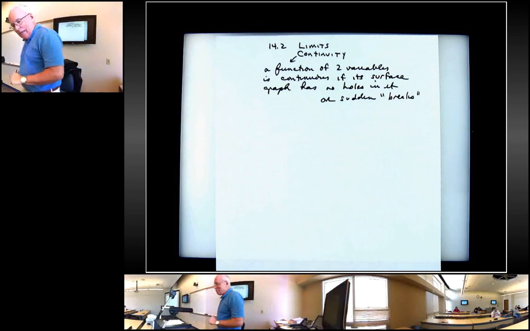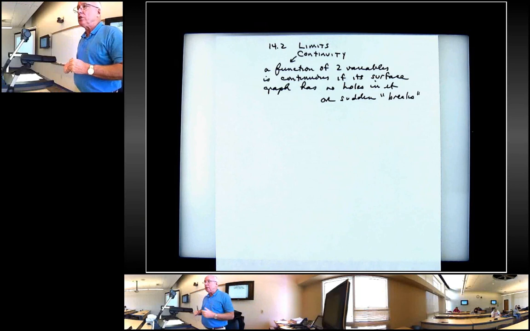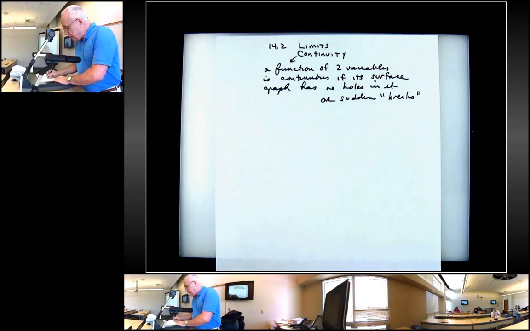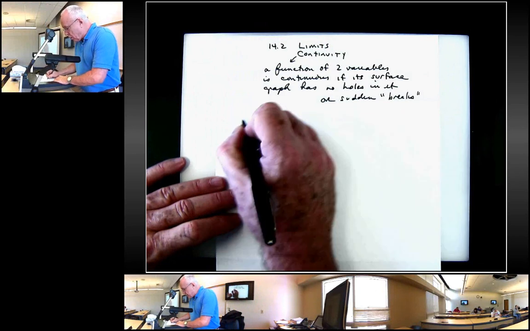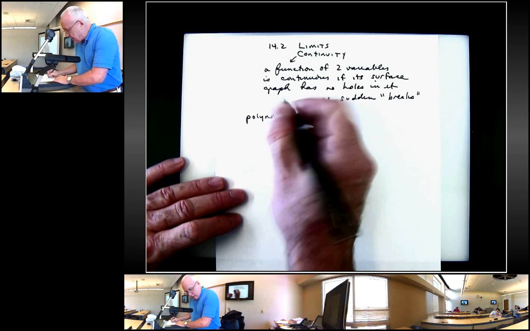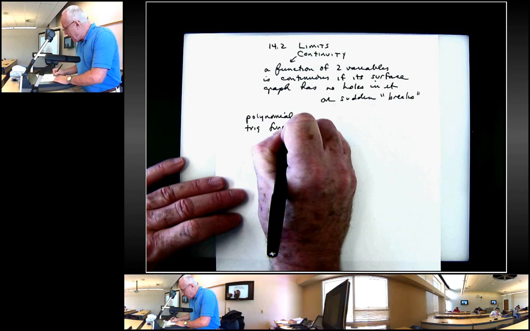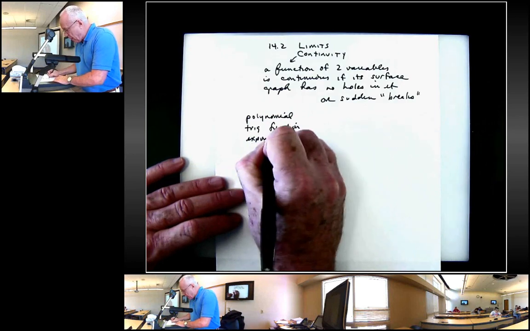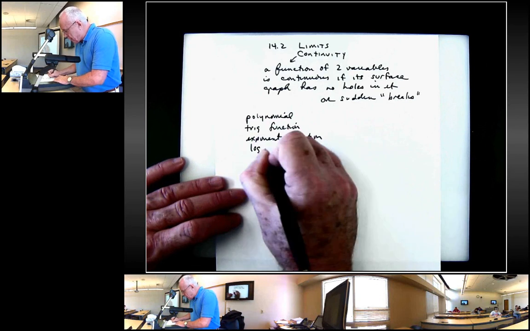All right. Now, basically, we've been pretty much dealing with functions of one variable that are continuous, and so the things that we know are continuous are polynomials, certainly the trig functions, and the exponent function, log ln function.